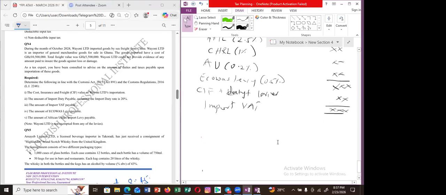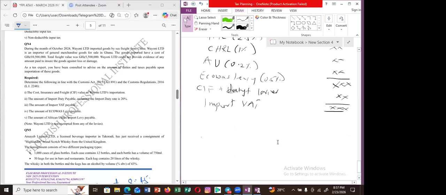And one more thing. You see the CIF, normally you get your C, your I, your F, but sometimes insurance is not given. Where insurance is not given and the transport is by air, you have your CF, and please assume that the insurance is 1% of the CF, that is the cost and the freight.